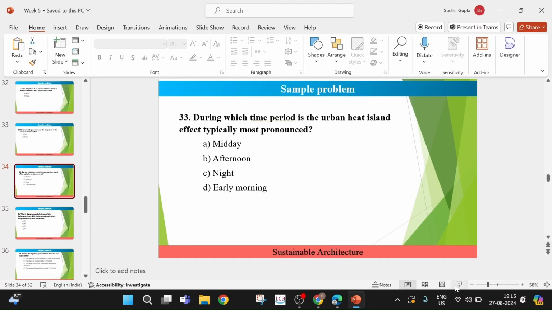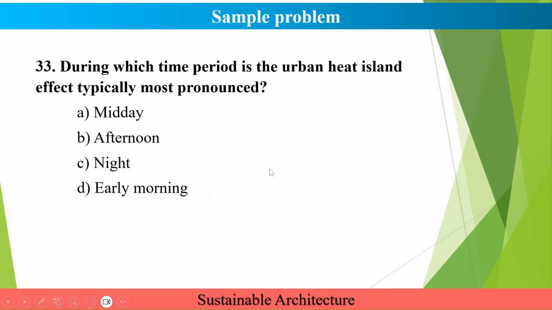Whoever has mentioned C, I would like them to explain why night time is the most pronounced. Can anybody explain? Yes, sir. It's about infrared radiation that increases heat in the city area.